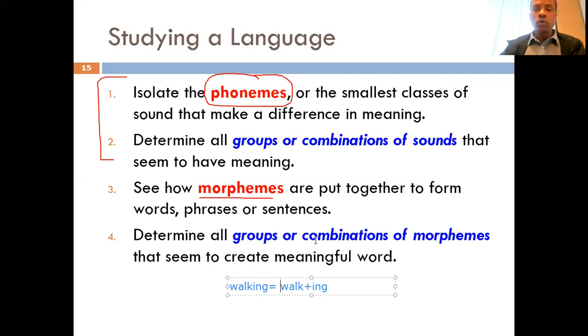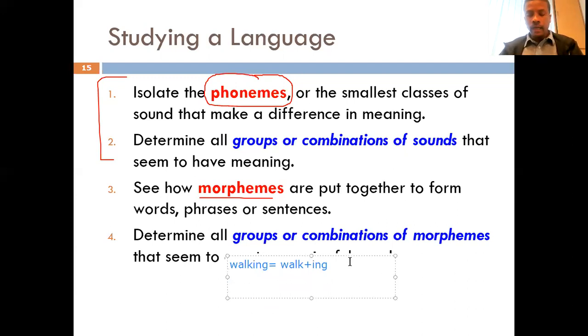So determining all groups or combinations of morphemes is a very important task in text analysis or morphological processing. The same is true for Amharic, or for any language for that matter. If you have a word like, let's say, Sabarku, you can only divide it as Sabar plus Ku.